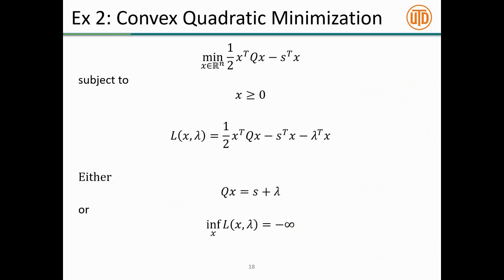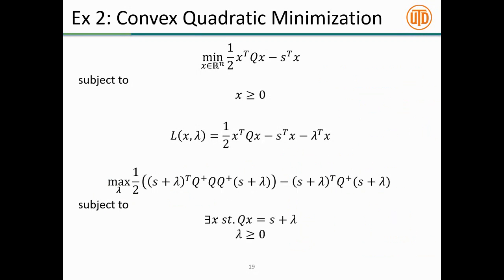So another way to write this is that the dual problem is equal to the maximum over all lambda of the expression I get when plugging in x equal to the pseudo inverse of q times s plus lambda, subject to the constraint that lambda is greater than or equal to 0, and that there exists an x that solves the linear system q times x equals s plus lambda.